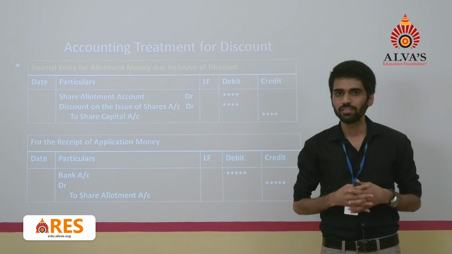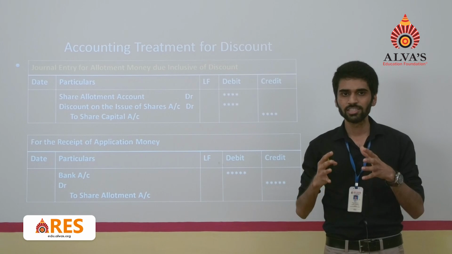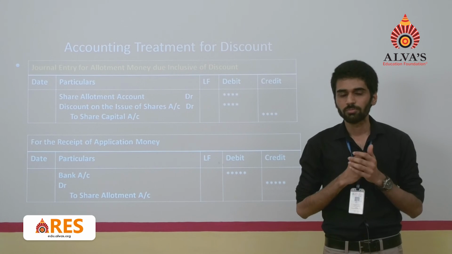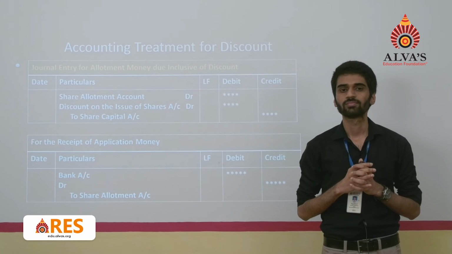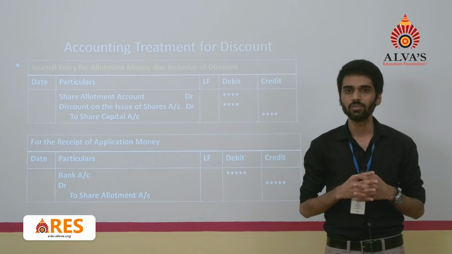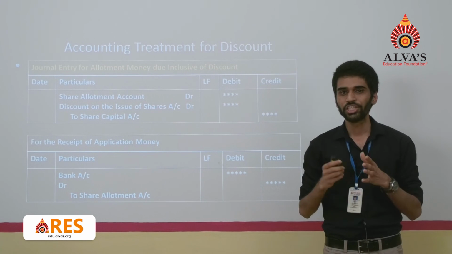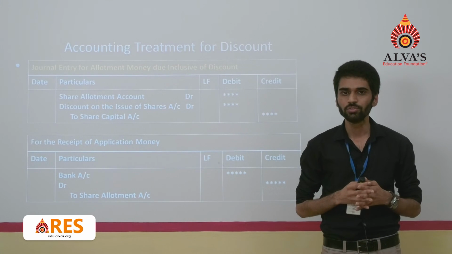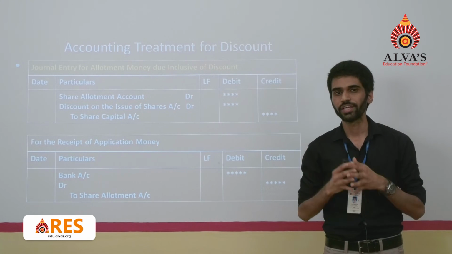So, what is the accounting treatment for the issue of shares at discount? Consider that the allotment money is adjusted with the discount. So, how are we going to pass the entry? The entry will be share allotment account debit, discount on issue of shares account debit, to share capital account.